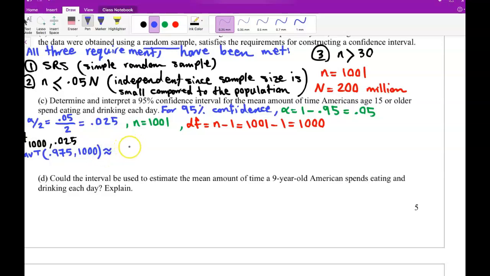Running it, the answer is 1.962. So exactly the same steps. Press second vars, choosing number 4 inverse t, and then enter area 0.975 and degree of freedom is 1000. Then enter, the answer is this one.